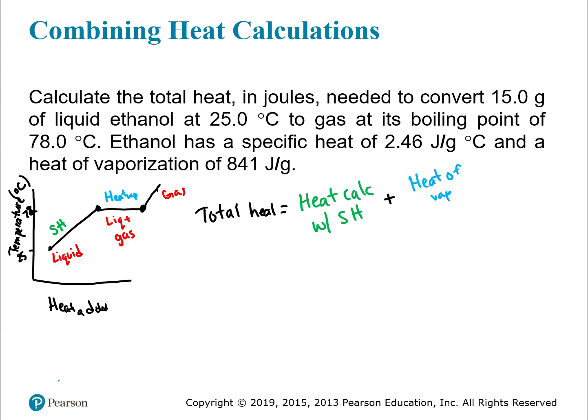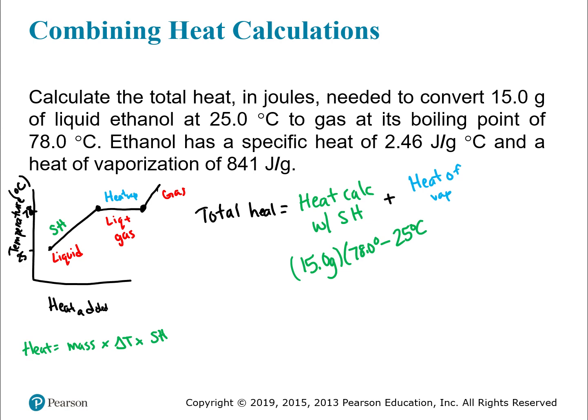With the specific heat calculation, remember we said heat is equal to mass times change in temperature times specific heat. We already have all of those things. So our heat calculation, the mass of the ethanol is 15 grams. The change in temperature, we've got 78 degrees Celsius minus 25 degrees Celsius.